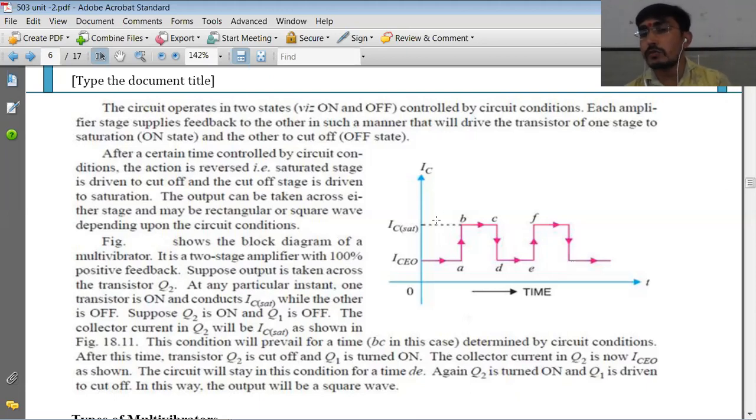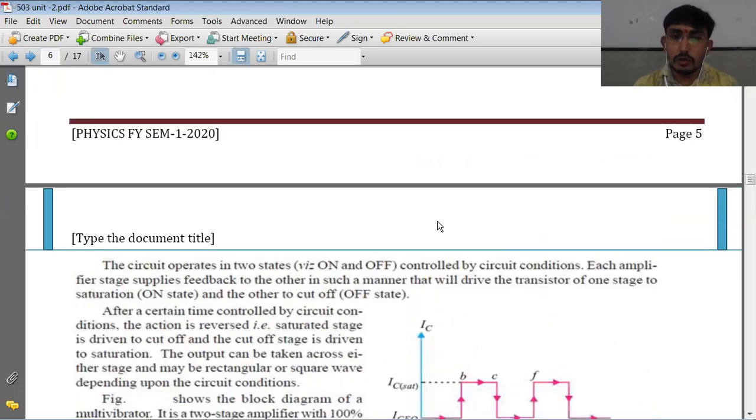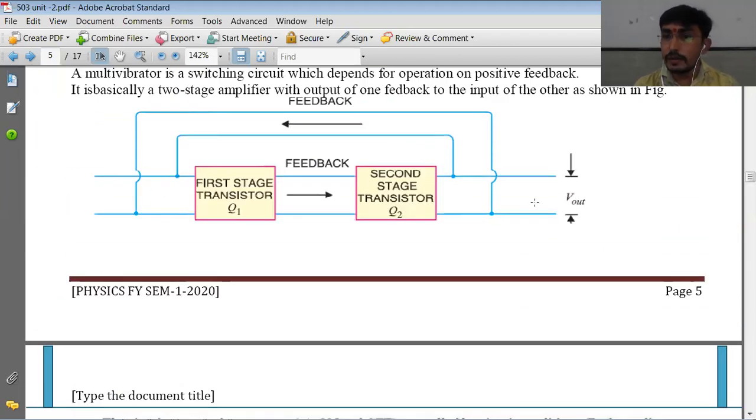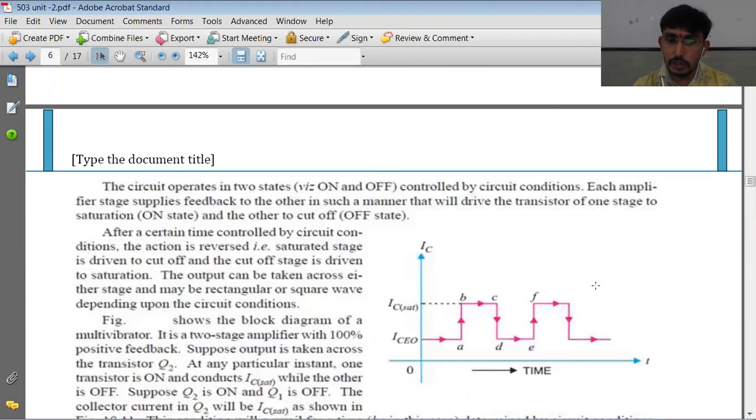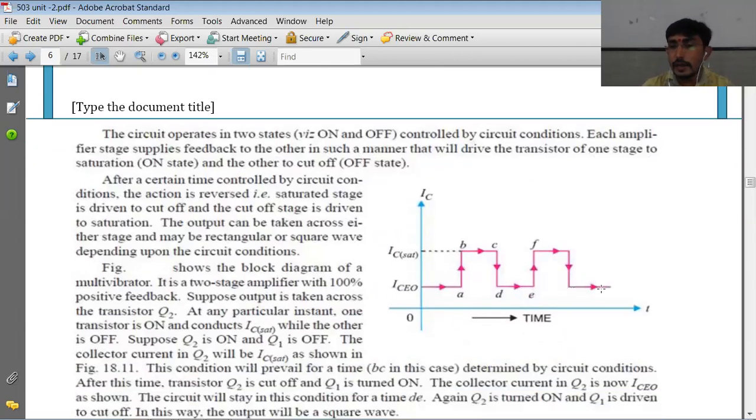You can take the output from any one of the transistors, and the output across any transistor is either a rectangular or square wave, depending on the circuit time constant. See, the block diagram is shown over here, that is a two-stage amplifier with positive feedback. Suppose the output is taken across the transistor Q2.